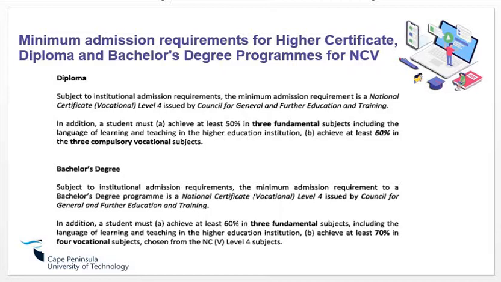Whereas for a bachelor's degree, they need at least 60% in 3 fundamental subjects, including the language of teaching and learning, and at least 70% in 4 vocational subjects. Now, the policy stipulates quite clearly what the fundamental and vocational subjects are, so you will need to familiarize yourself with this when you are writing your admissions policies.